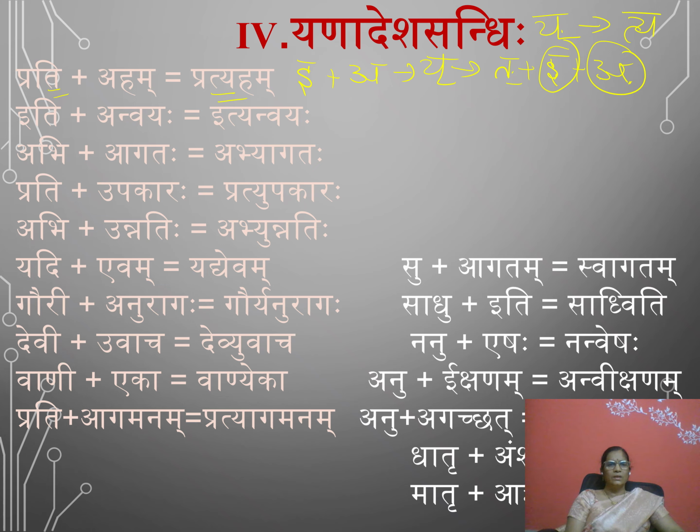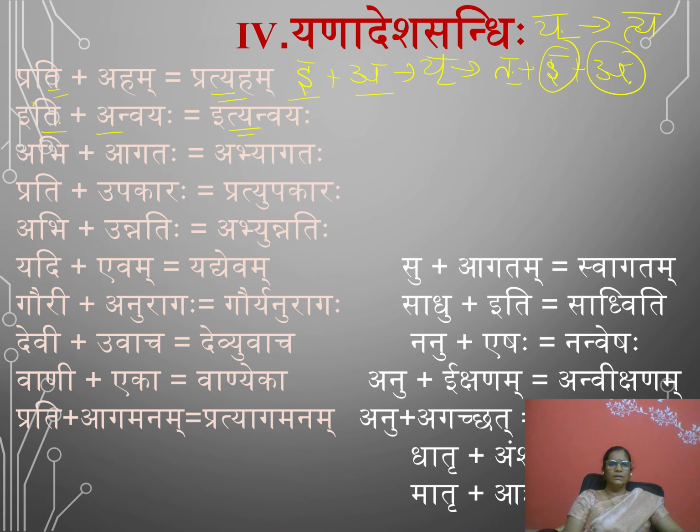Understood? Similarly, you have to see everywhere the adding like this only. Iti plus Anvayaha. Iti ended with E. Anvayaha started with A. Then in the place of E, Ya will come. Ityanvayaha. Sanyukta Akshar came, because one Vyanjan tu is already there. The second swar E is becoming Ya.